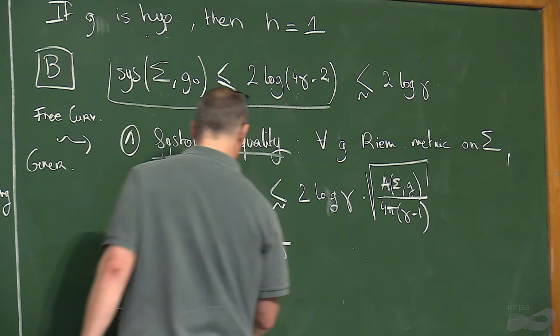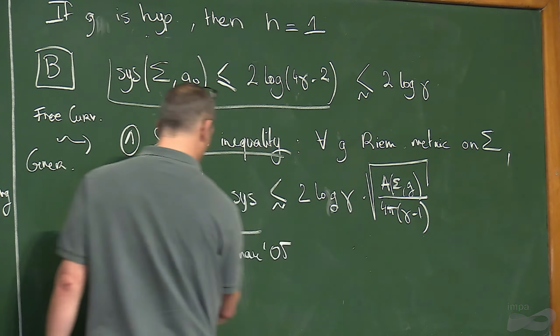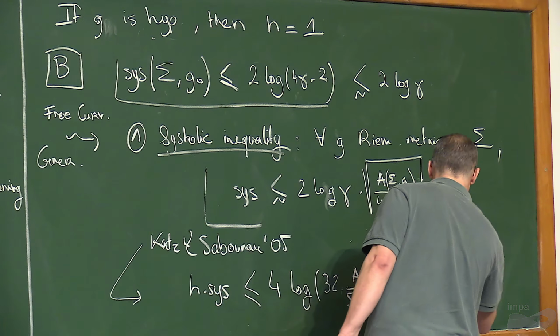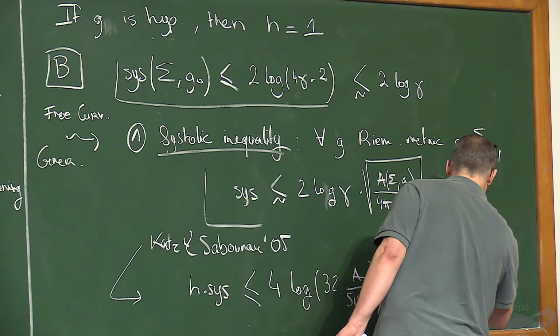It says that the product, so recall that the volume entropy has the dimension of the inverse of a length, and the systole is a length, so the product is invariant, and you can bound it by 4 times log 32 times the area over the square of the systole, if g is systolic extremal.